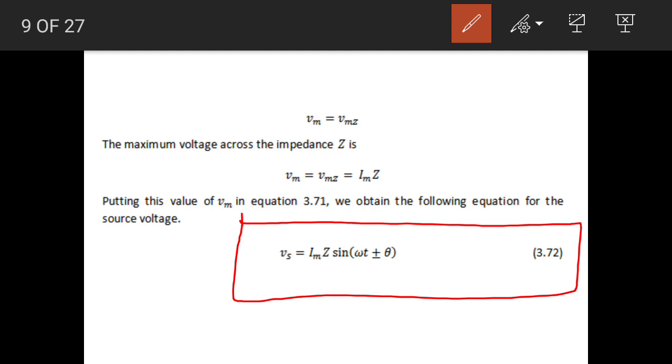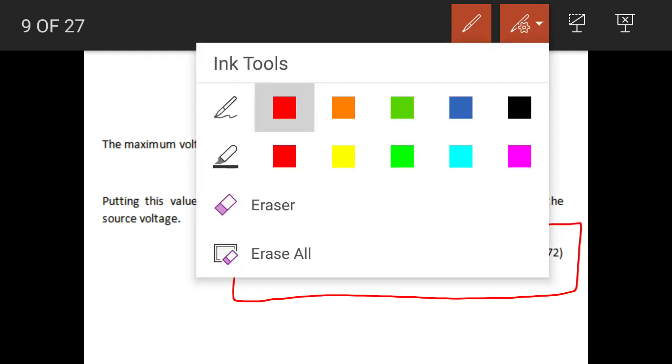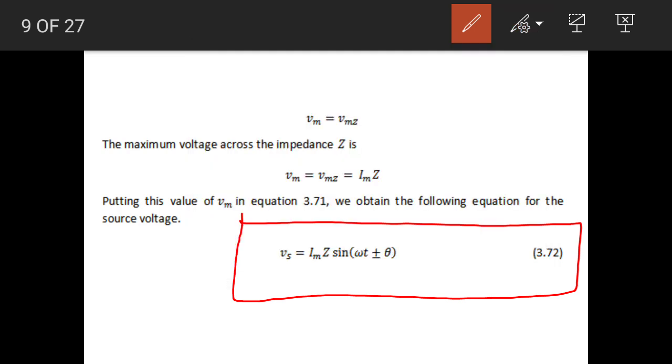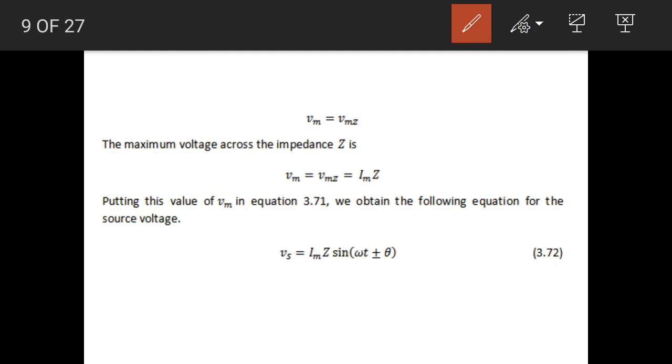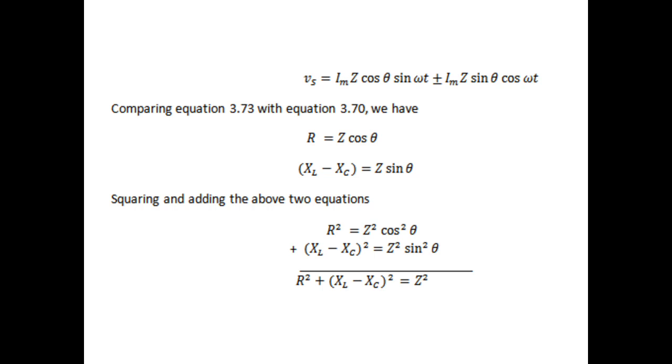If theta is 0, the circuit behaves like a resistive circuit. If theta is positive, the circuit behaves like an inductive circuit. If theta is negative, the circuit behaves like a capacitive circuit. So what we do, we expand sine of omega t plus minus theta. We know that sine of omega t plus minus theta is equal to sine of omega t cos of theta plus minus cos of omega t sine of theta.